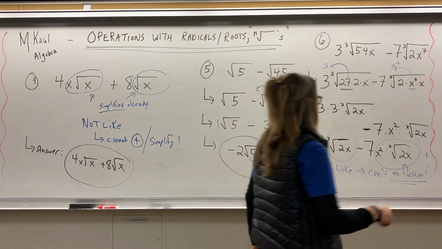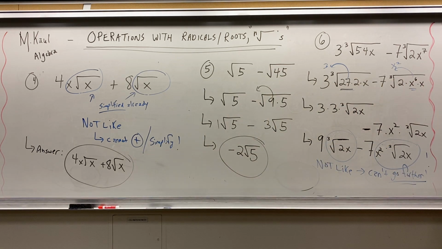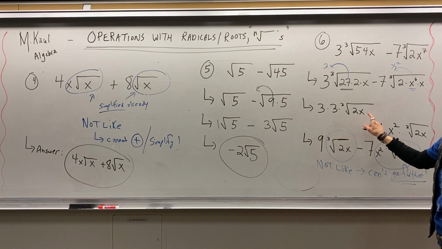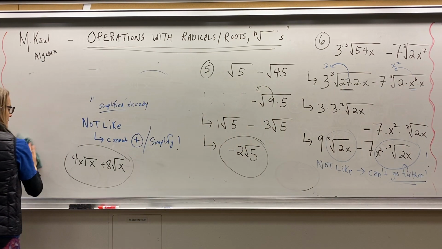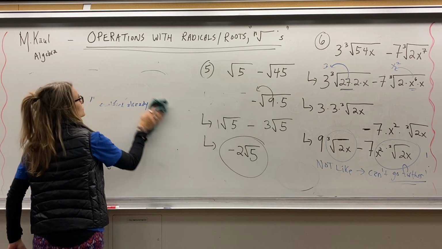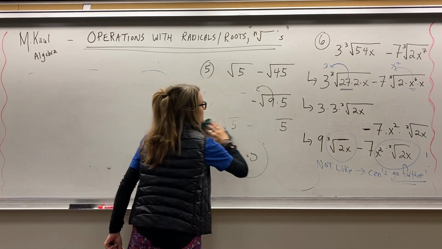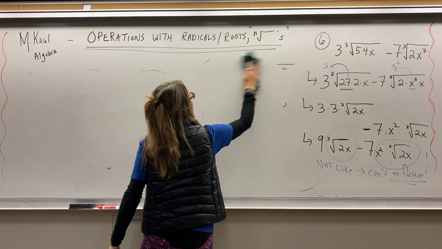Okay, let's see what we need to adjust here to make this work. Well, in order to make this work, I would need an x squared here. So maybe if we put one in here, let's do one more problem. I'm going to leave that one up for comparison.